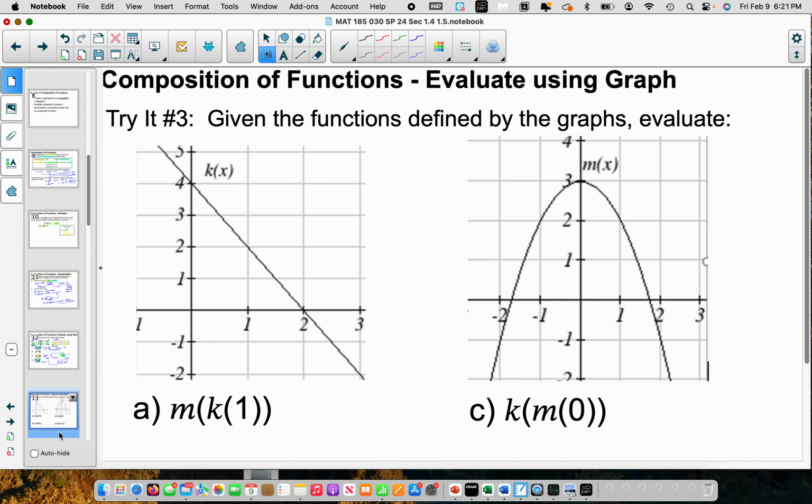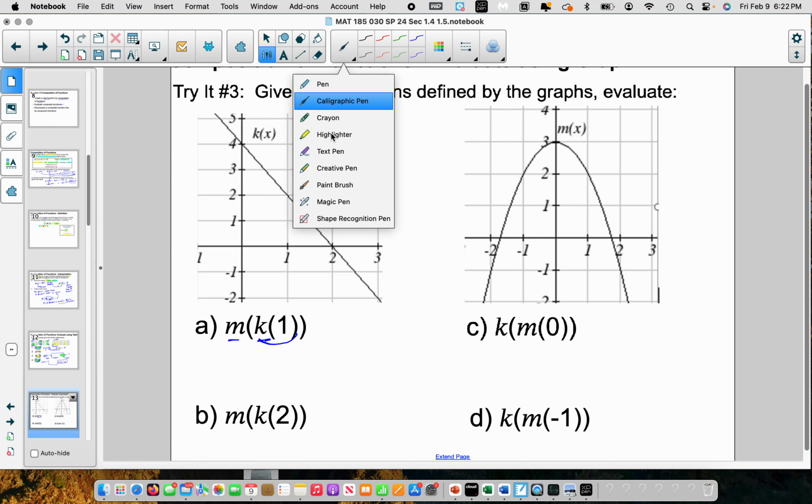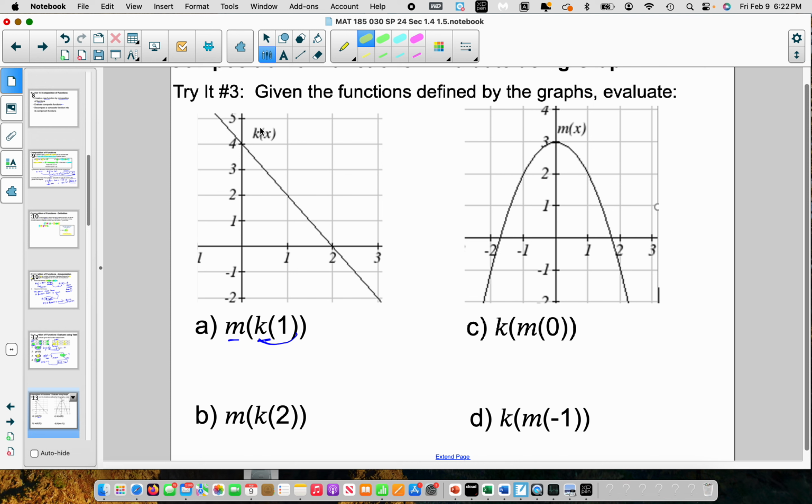We can also do the same process by reading graphs. We just looked at tables. We can evaluate algebraically, and we can look at graphs. Again, we're always going to start from the inside out. I have functions k and m. Here's my k function, and this one is my m function.